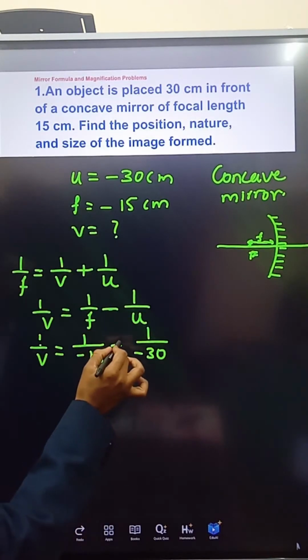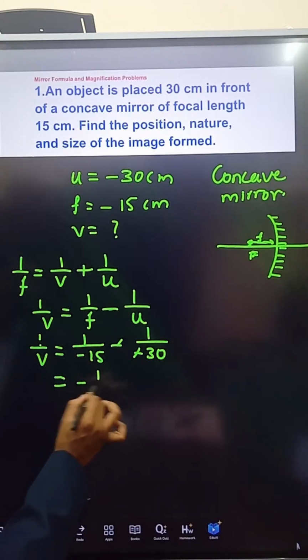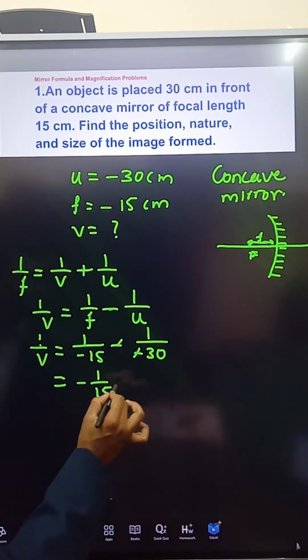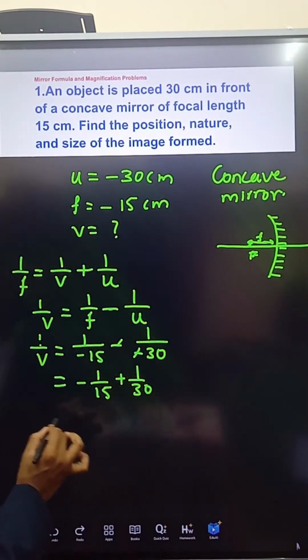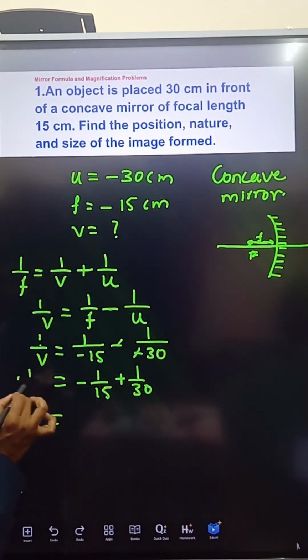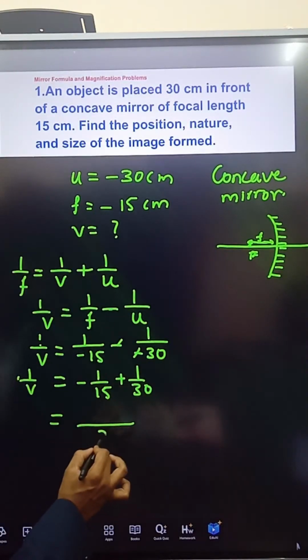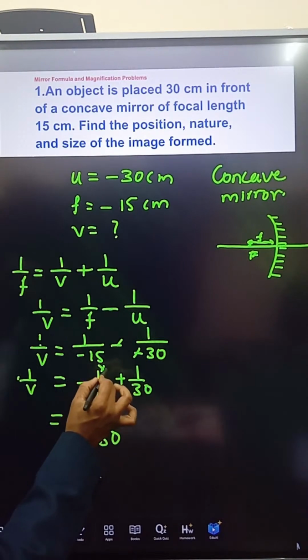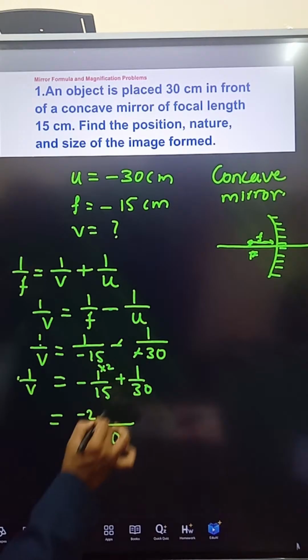Now this minus gets cancelled, so you can take it like this also: minus 1 by 15, and this becomes plus 1 by 30, right? Now you know you have to go for the LCM, which is 30. 15 into 2, so minus 2, and this is plus 1.